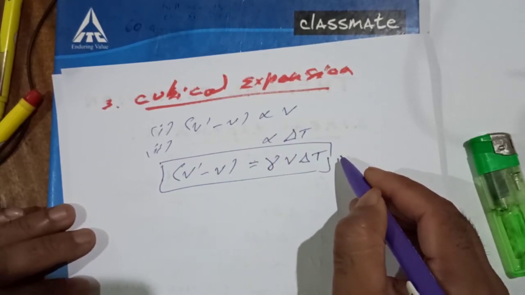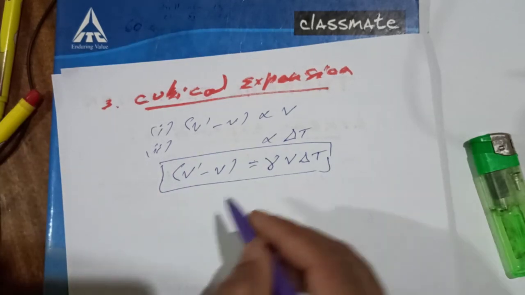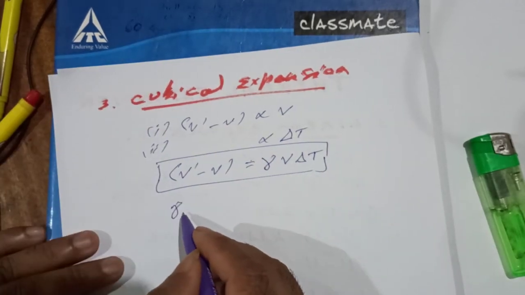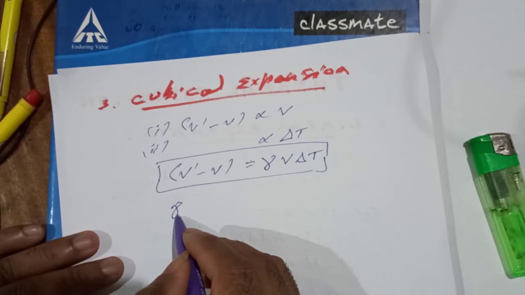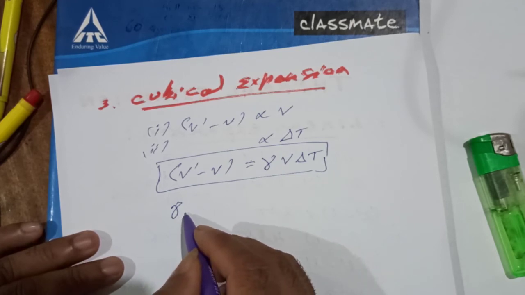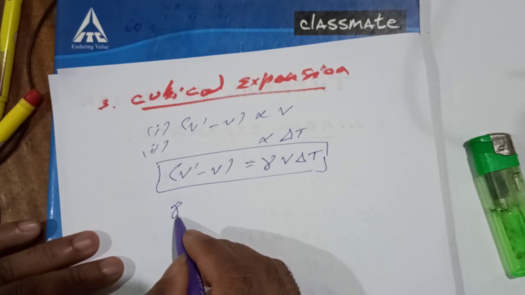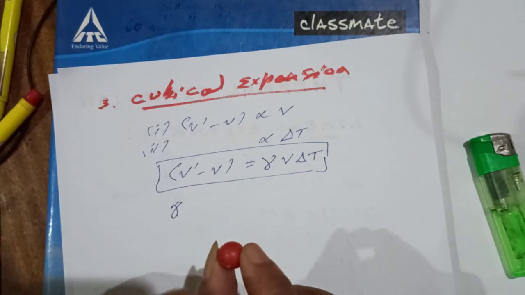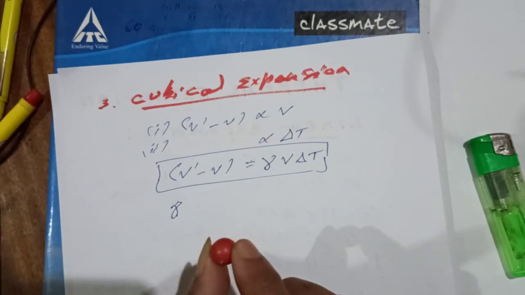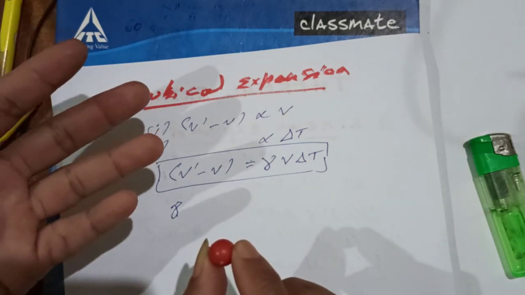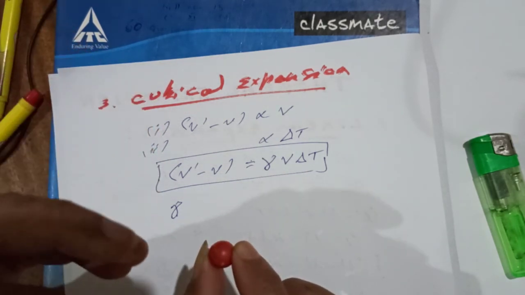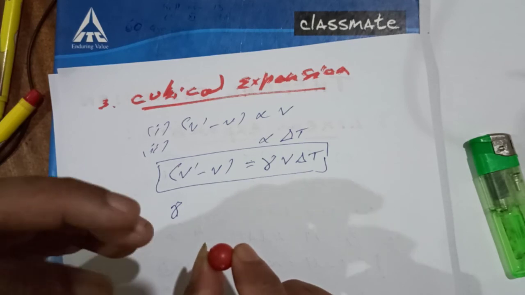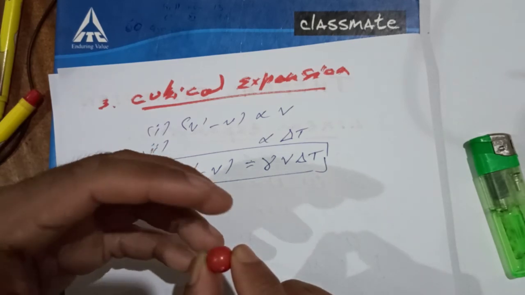The whole body. So what is this gamma? This is the coefficient of cubical or volumetric expansion. That means if we apply the same heat to an iron ball, or a copper ball, or a steel ball, or whatever it is, the expansion will be different.